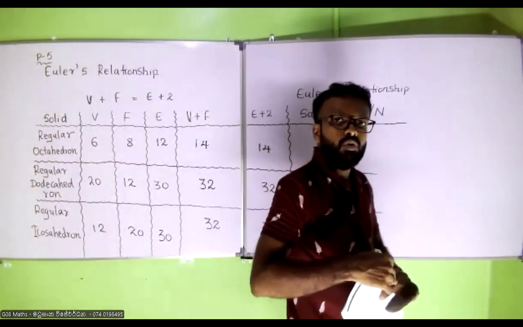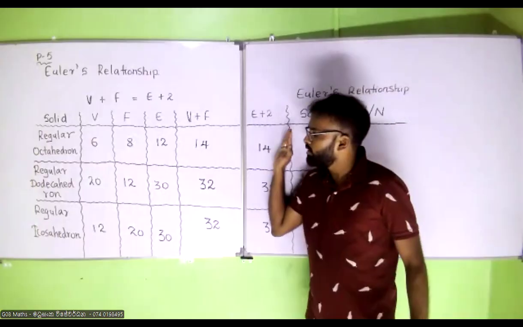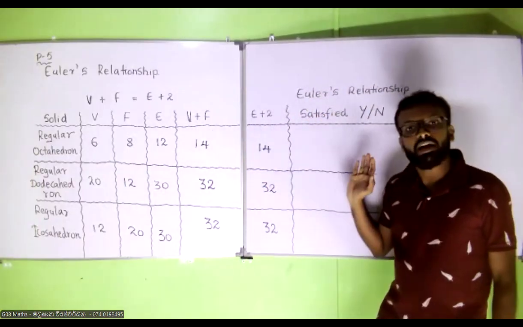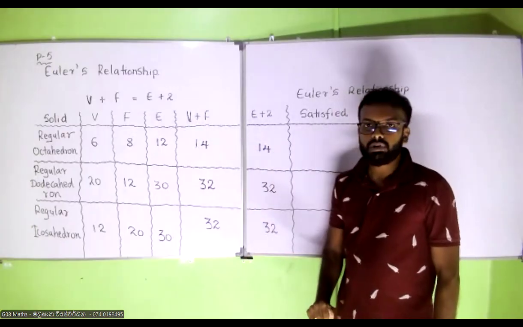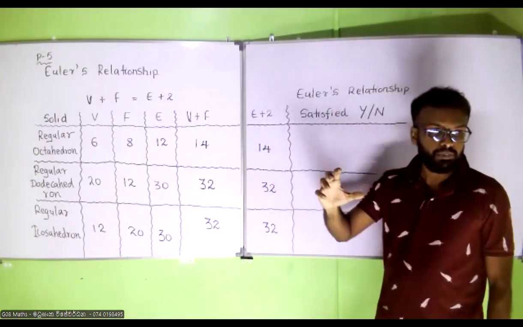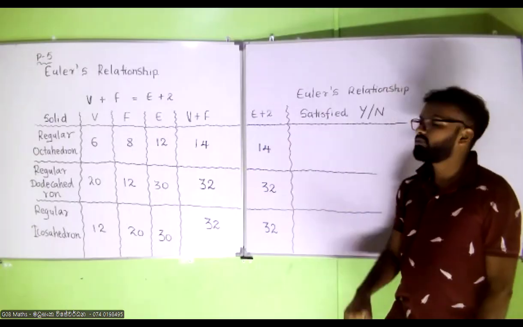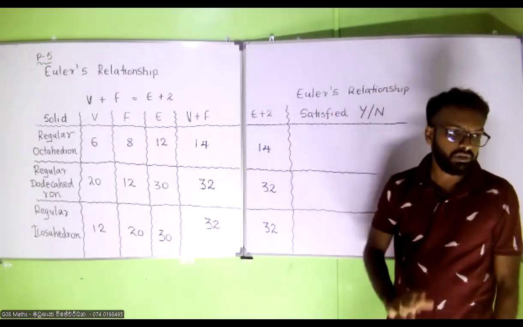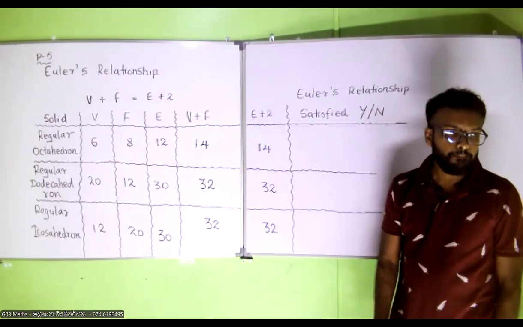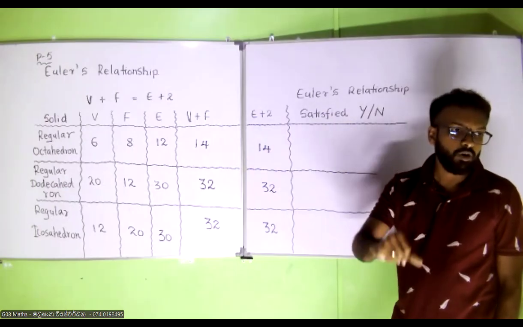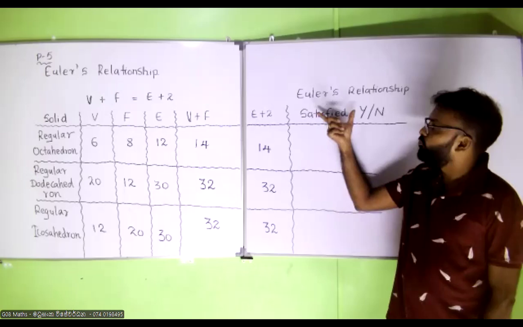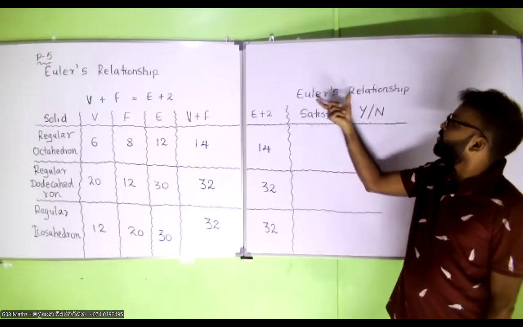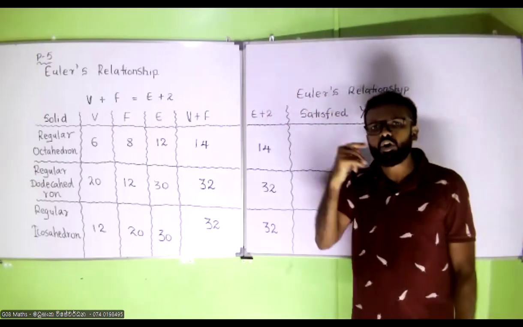Now what do we have to do? All the columns and rows except our last column have been filled. They are asking whether Euler's relationship is satisfied or not.